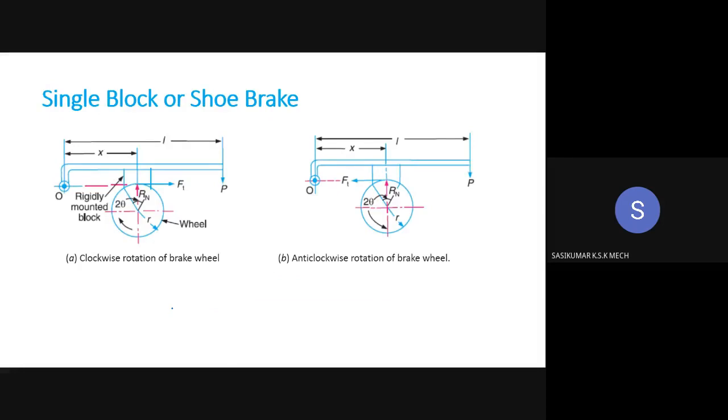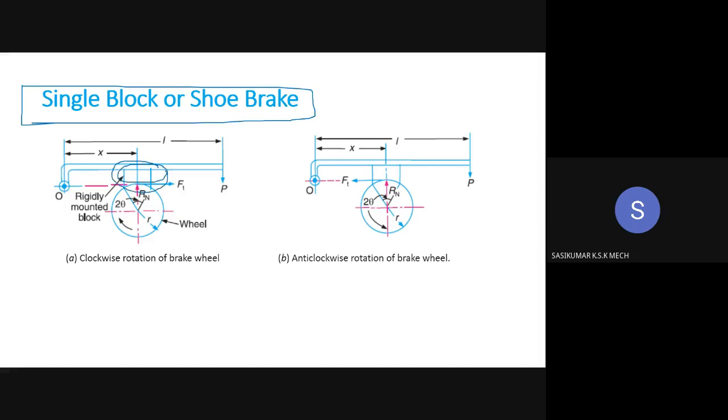You have another variety. These are all mechanical brakes because the devices are simply mechanical elements, and they are operated so as to give the retardation motion. The next one is the single block or shoe brake. Here the drum is rotating, and over it you are applying a block.